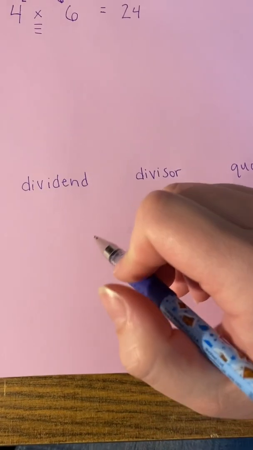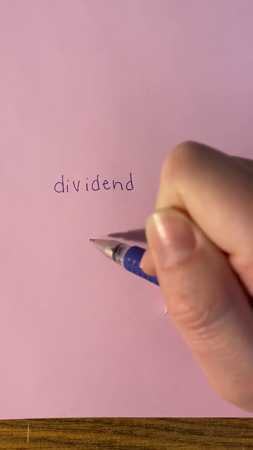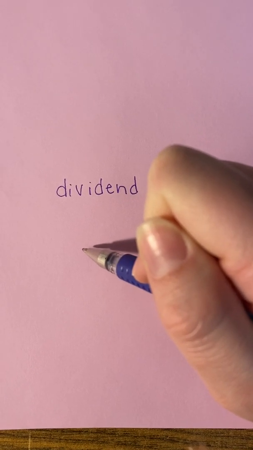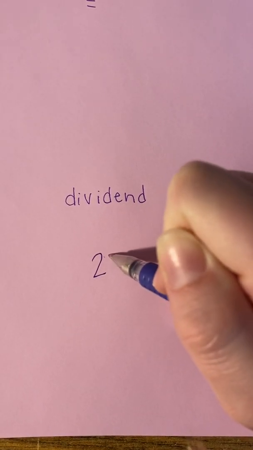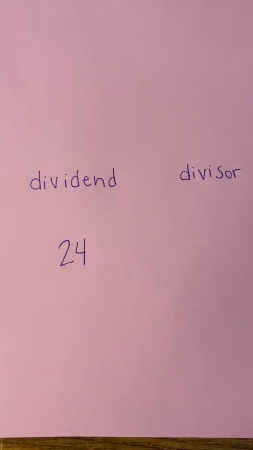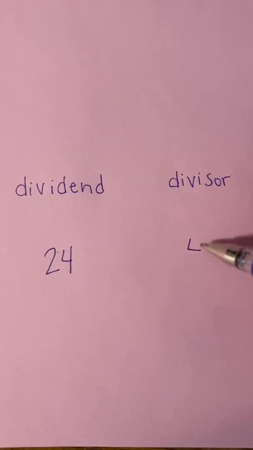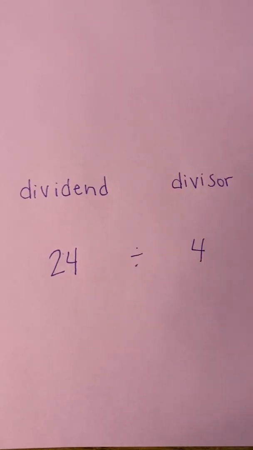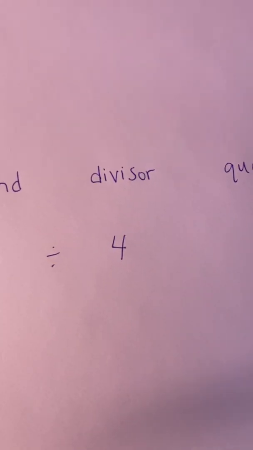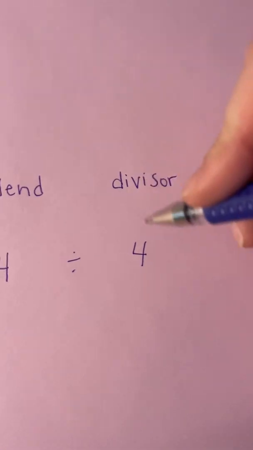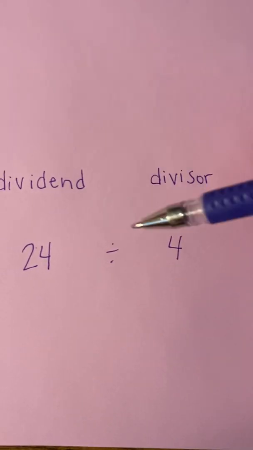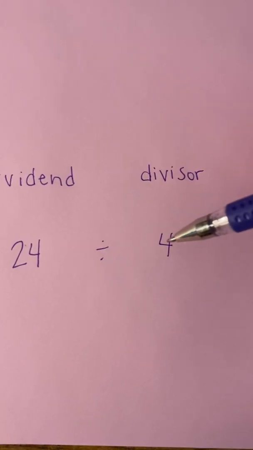Okay? The dividend is the number that you are dividing. So 24. We're taking 24 pretzels, we're splitting them among 4 friends. The divisor is the number of groups that you're splitting them into. It's what the number is being divided by.